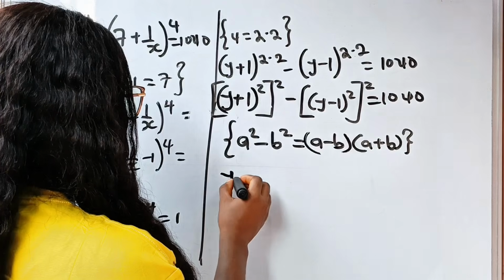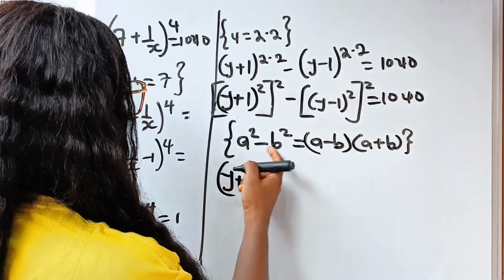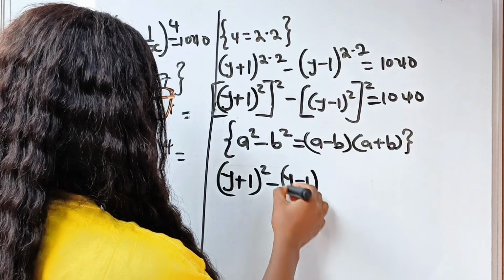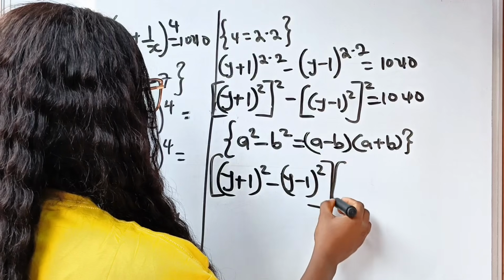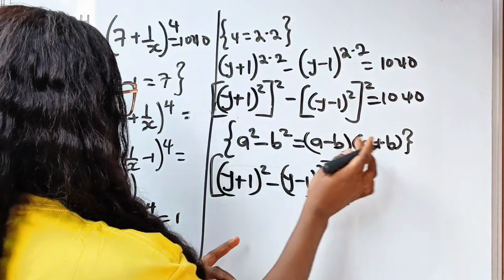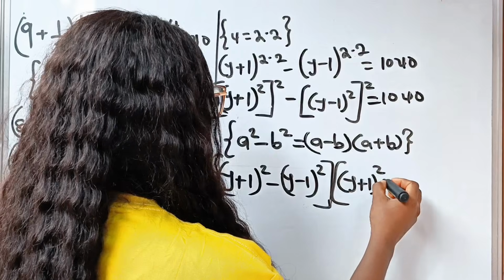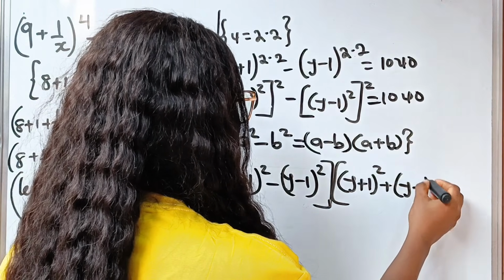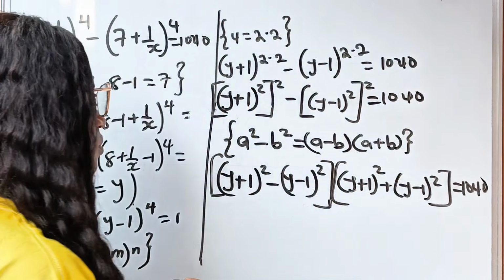So we'll have y plus 1 to the power of 2, that is our a, minus y minus 1 to the power of 2, multiplied by our a again, which is y plus 1 to the power of 2, then plus b, y minus 1 to the power of 2, is equal to 1040.